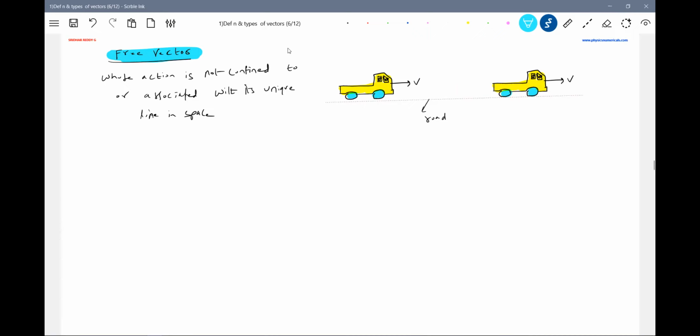And look at its velocity vector. Earlier, the velocity vector was at point P1 on the road like this. Now it is at point P2. So what is a free vector? Its action is not confined or associated with its unique line in space. It means this velocity vector will not remain at point P1 only, as it is undergoing displacement. The velocity of a truck is the best example of a free vector.